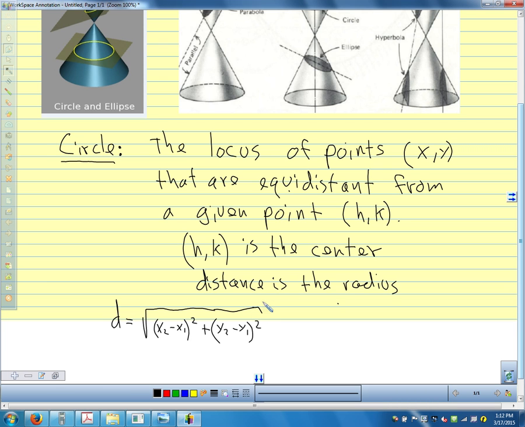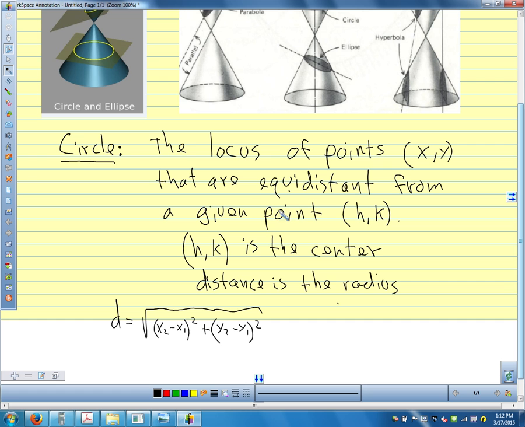If we have 2 points, (x1, y1) and (x2, y2), that's our distance formula. Our equation for the circle comes from the distance formula. Our distance is the radius, and one of our points is going to be the center. So using that idea, we can write our standard equation of a circle.